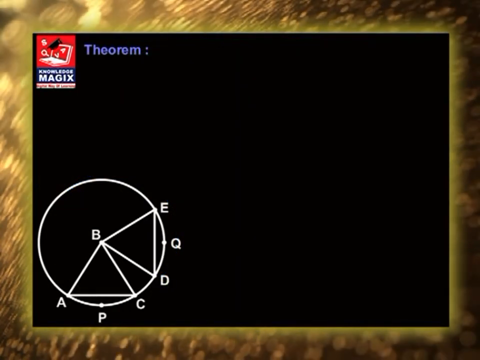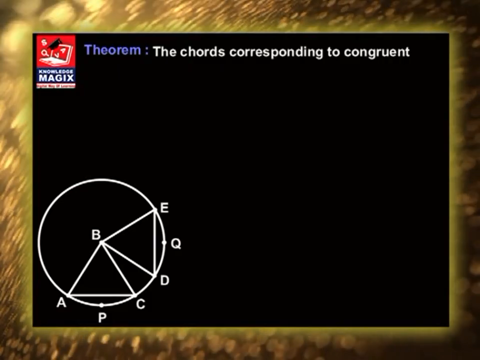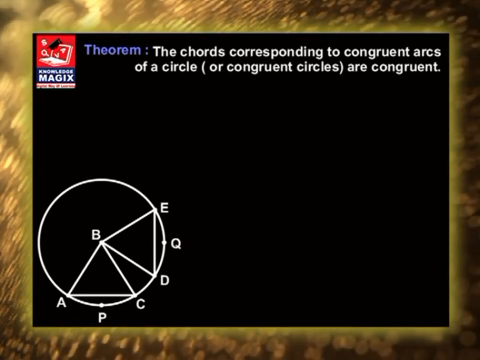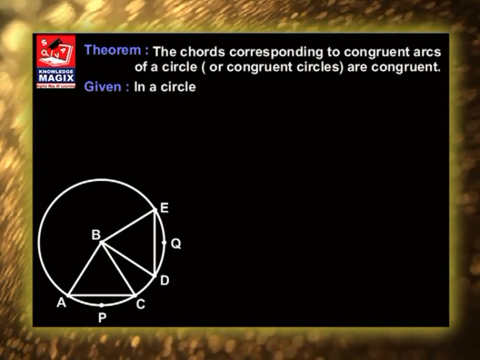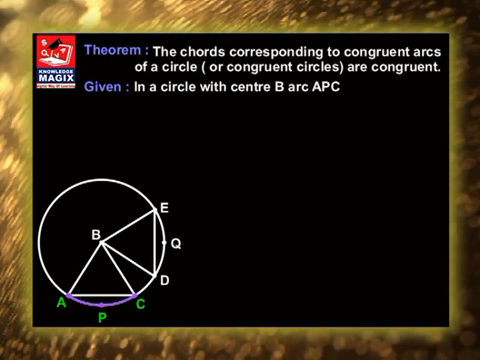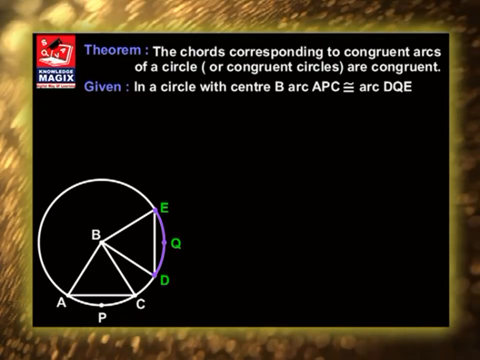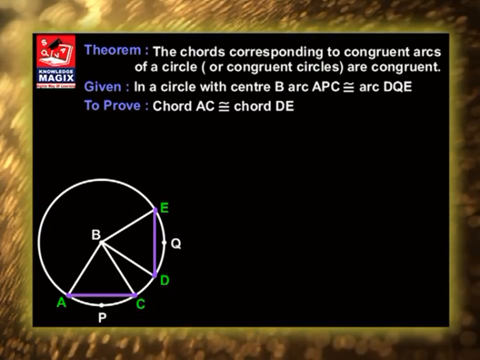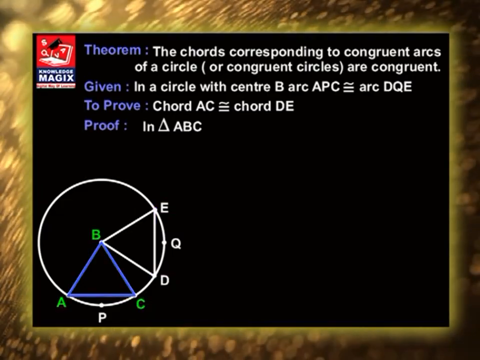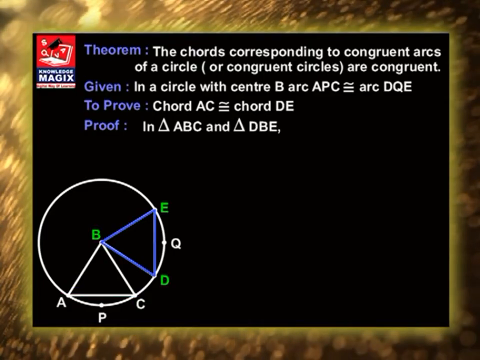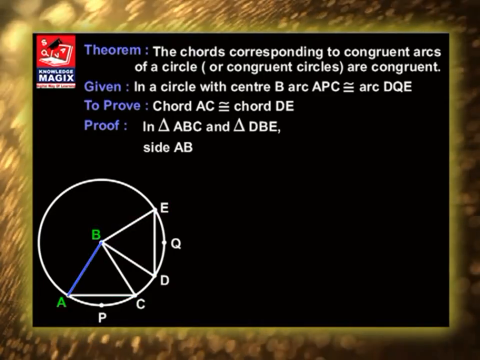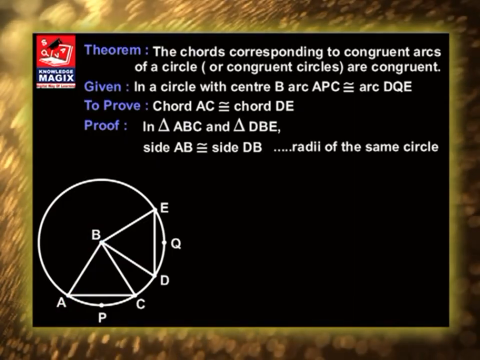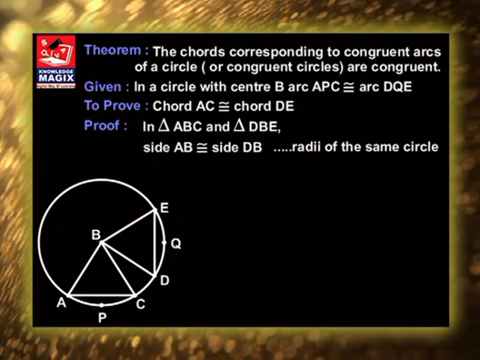Now the theorem. The chords corresponding to congruent arcs of a circle or congruent circles are congruent. Given in a circle with center B, arc APC congruent arc DQE. To prove chord AC congruent chord DE. Proof. In triangle ABC and triangle DBE, side AB congruent side DB, radii of the same circle.